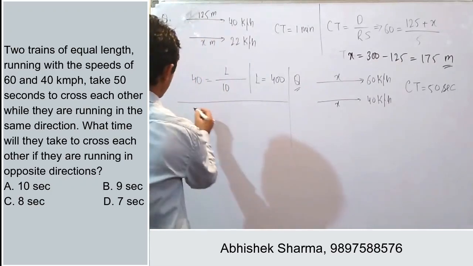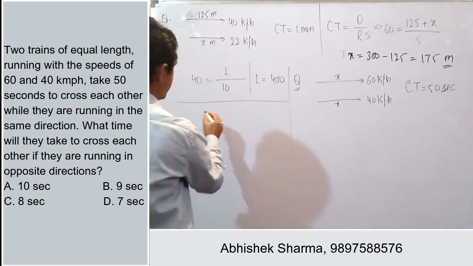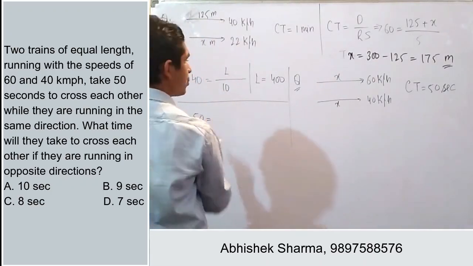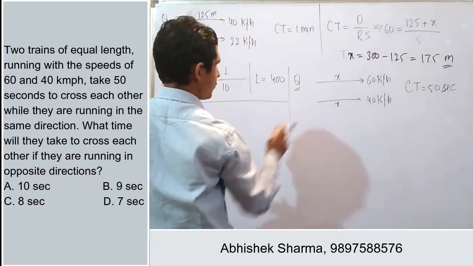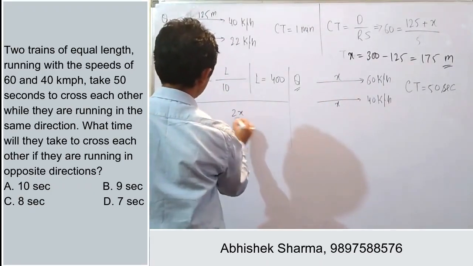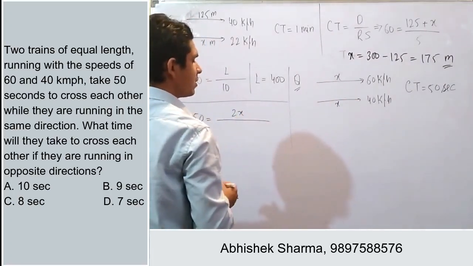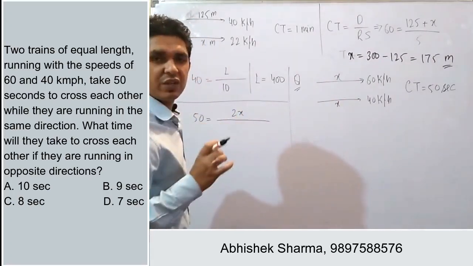The crossing time is given, so 50 is equal to total distance, which will be the length of this train plus length of this train, so this will be added, that means this will be 2x, divided by the relative speed.